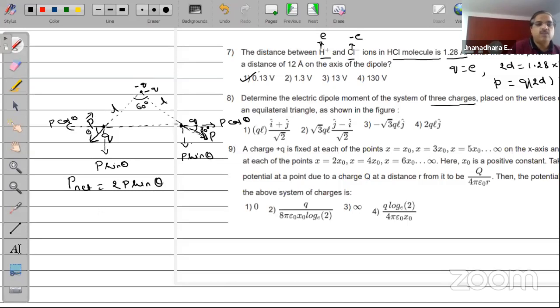Now what will this 2P sin theta be? 2 into P. I want the value for P. P is Q into L, because there's a charge Q, into L. That will be a dipole moment. And then you have sin theta. Sin theta is nothing but sin 30. What is sin 30? It's half.